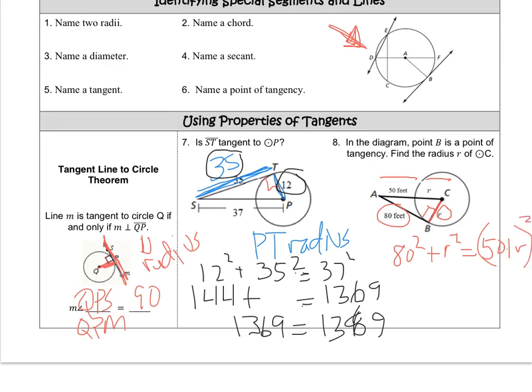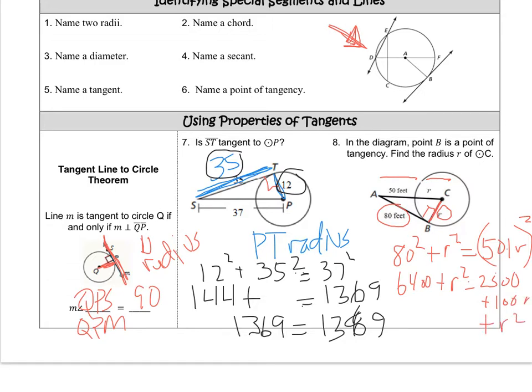Okay, and so I do my math. 80 squared is 6,400. That's still R squared. And 50 plus R squared gives me 2,500 plus 100R, ran out of room, plus R squared.